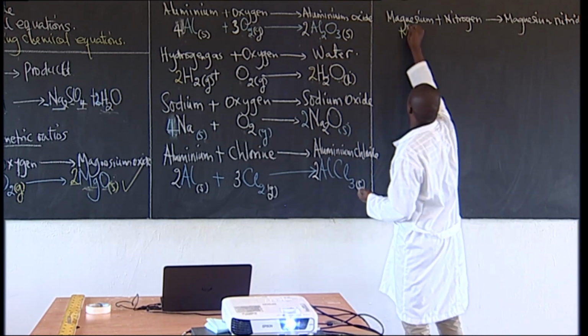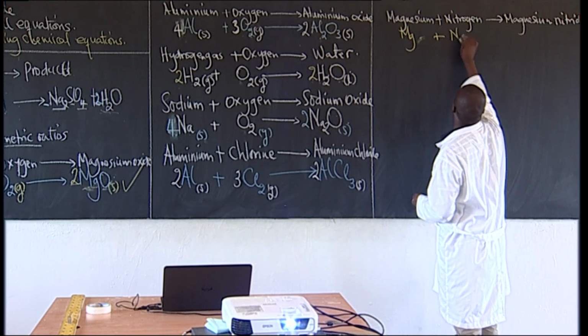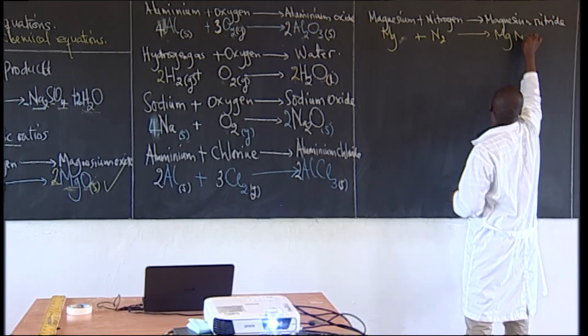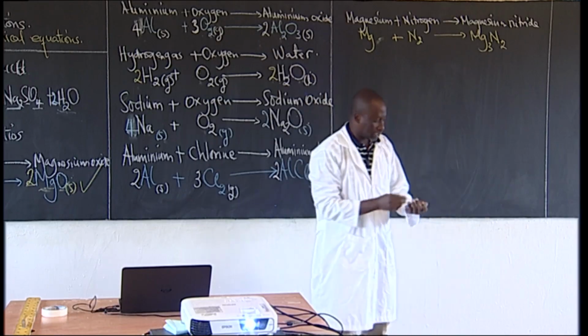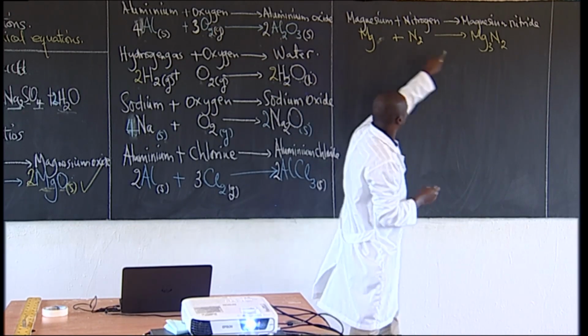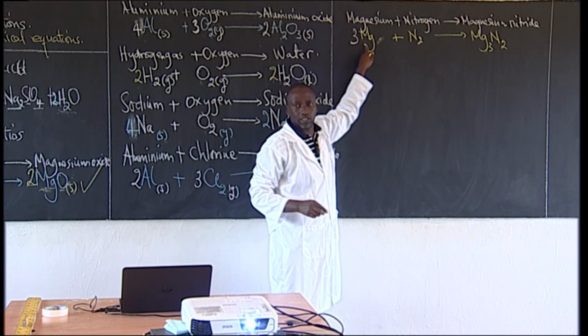You have magnesium over here plus the nitrogen. The nitrogen is like this, plus magnesium nitride. This is 3 and this is 2. So we need to balance that one as quickly as possible. Magnesium is 1, the magnesium is 3 here. So just make magnesium 3, as simple as that.